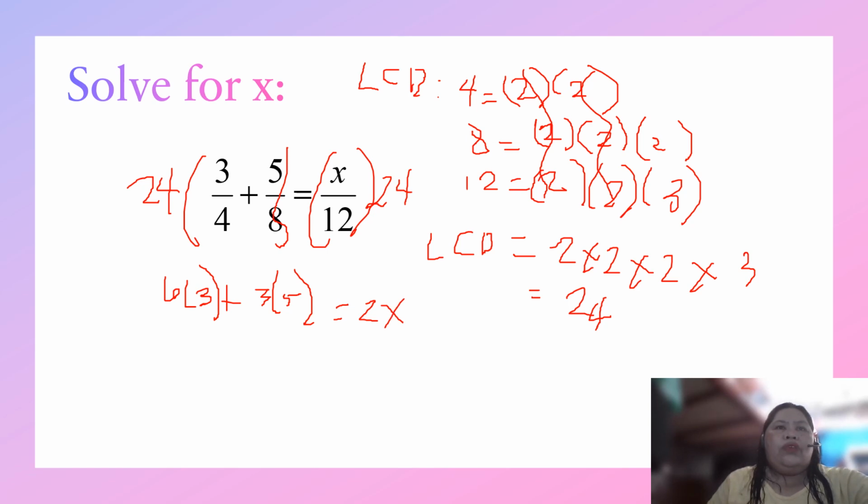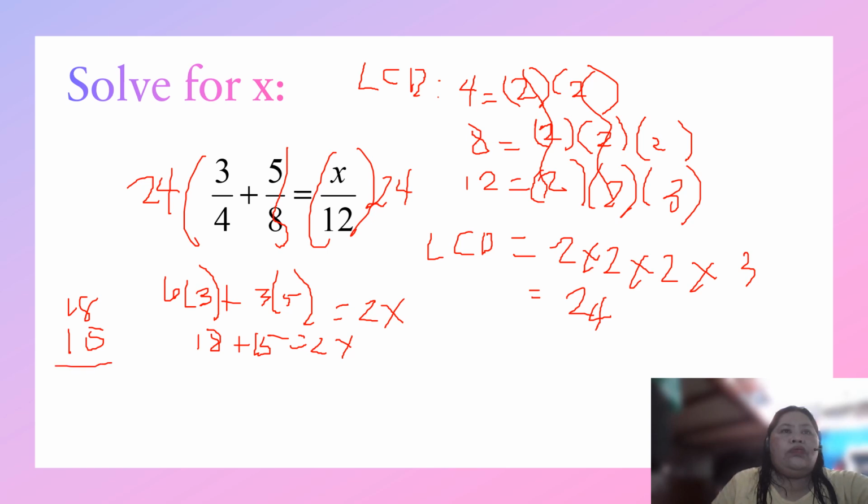So we have 6 times 3 is 18, plus 15, because it's 5 times 3, equals 2x. So 18 plus 15 is 33. So 33 equals 2x.